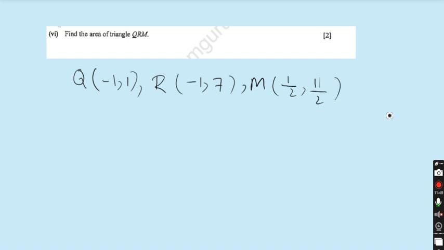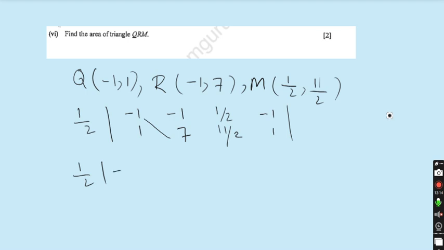Now we have to use the same formula which we used in previous questions, the area of triangle, which is 1 upon 2 times the determinant of x1 y1, x2 y2, x3 y3 and x1 y1.